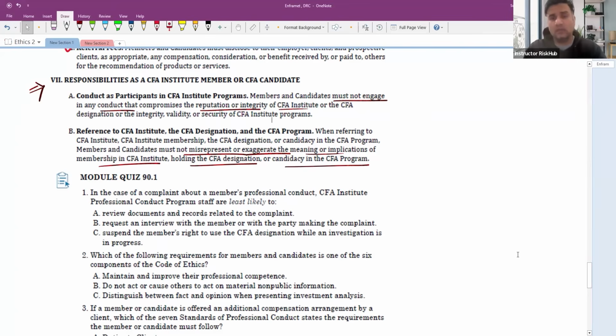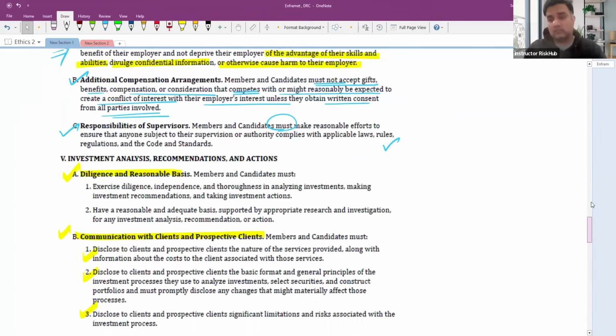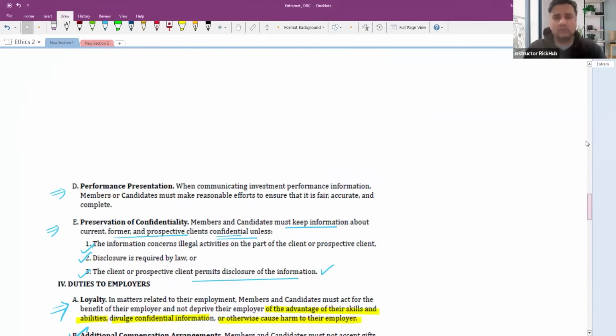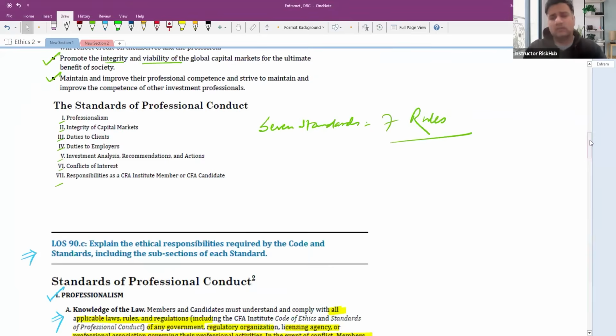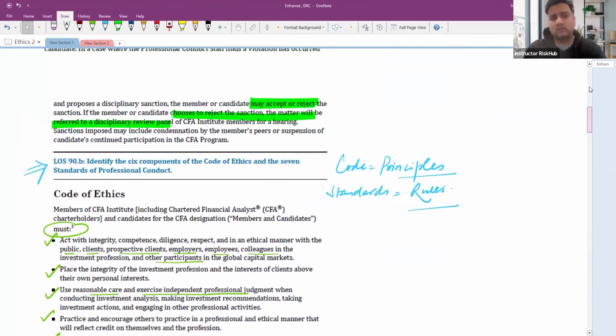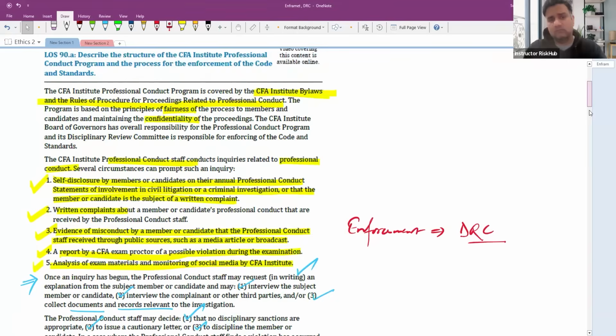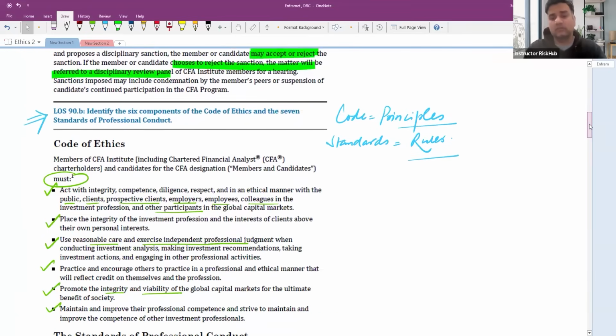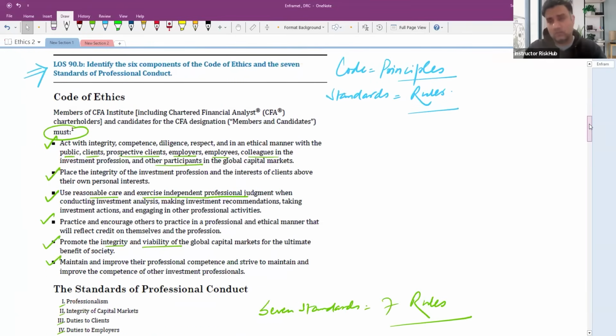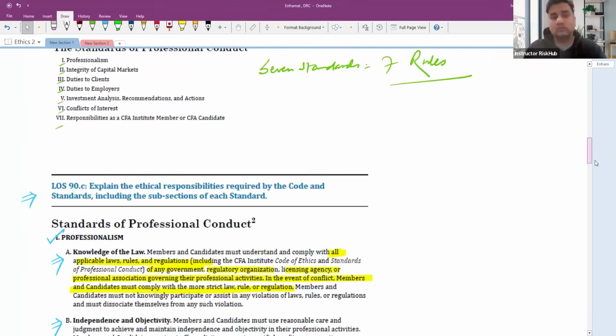Okay. When you read ethics in CFA, the topic itself is not difficult, but you have to understand the finer points. This topic is very easy. I've listed down, highlighted, and tick marked a few things. Please understand codes are principles, standards are rules.